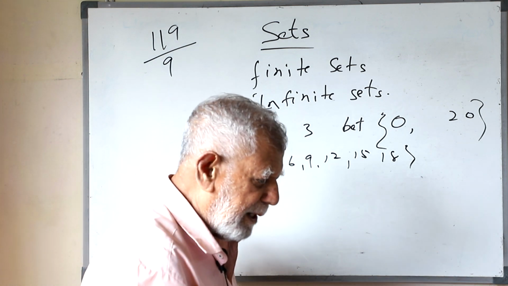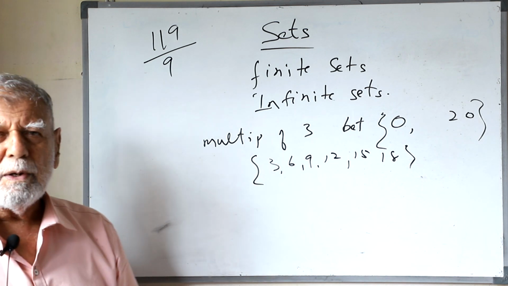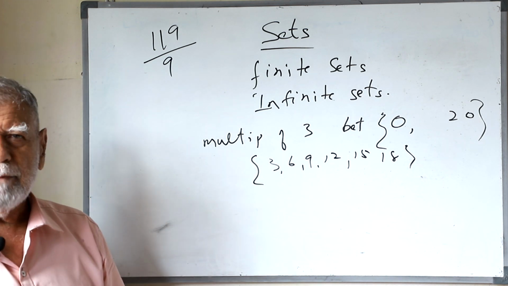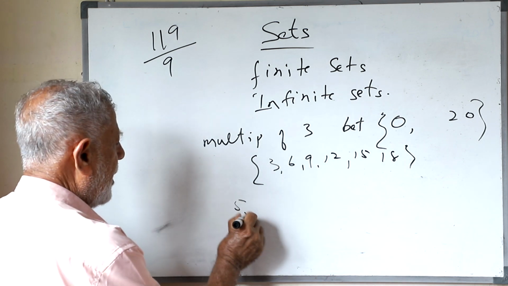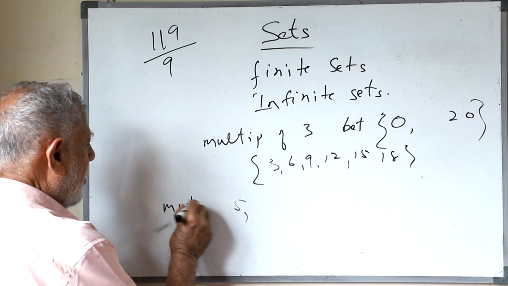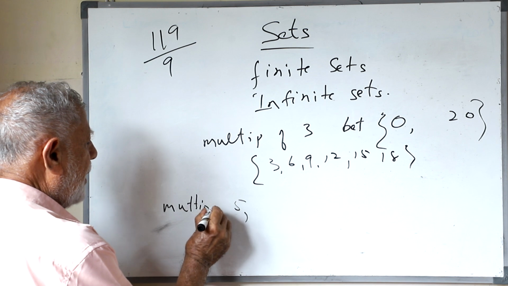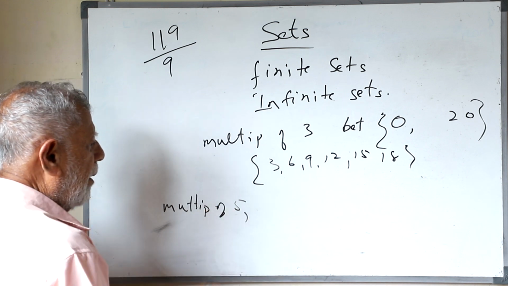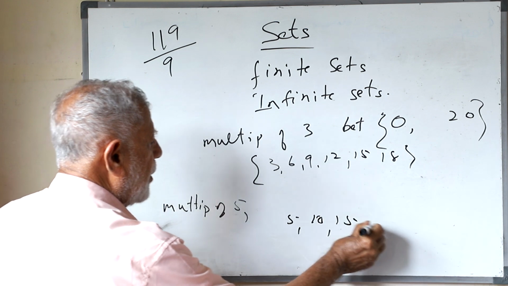So what are infinite sets? Infinite sets mean it goes on and on and on. We can't identify it. It doesn't stop. For example, multiples of 5 means we don't know how many there are: 5, 10, 15, it goes on like that.